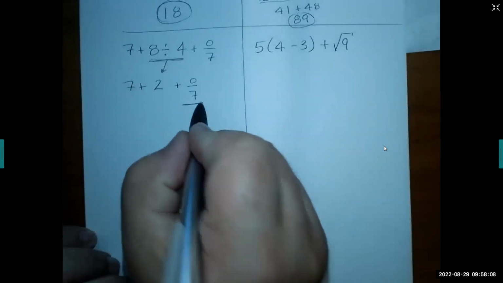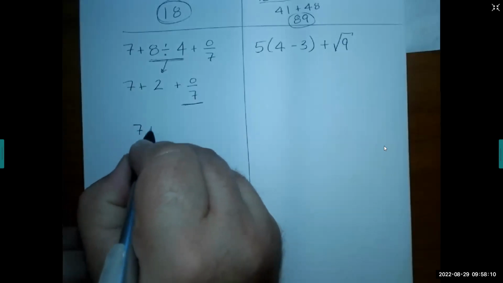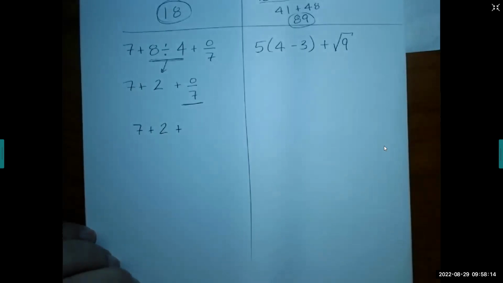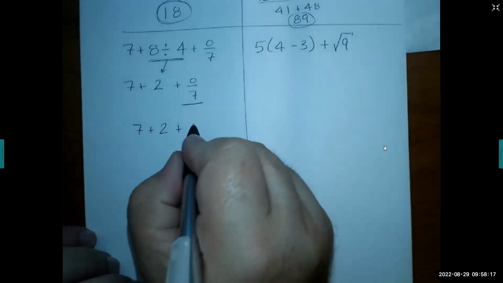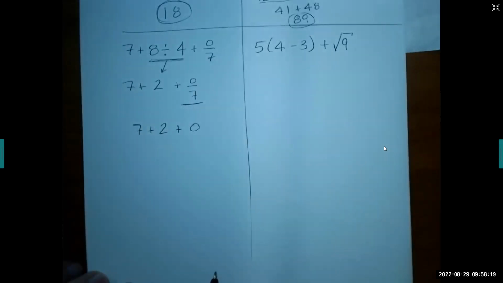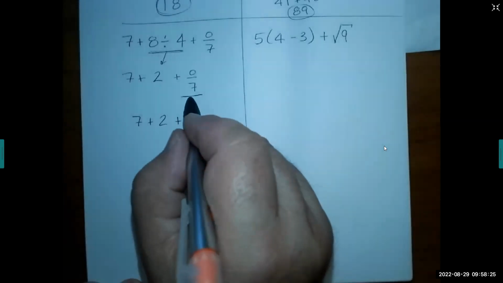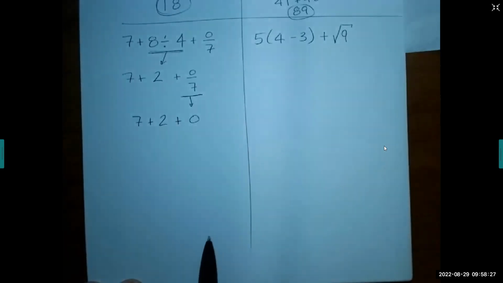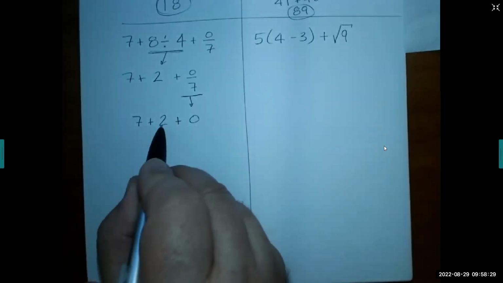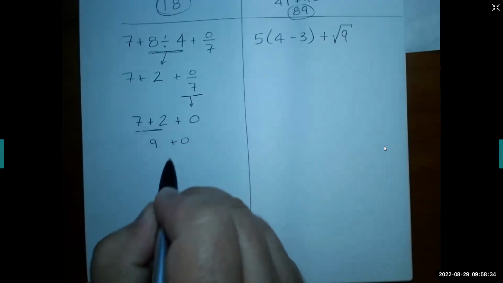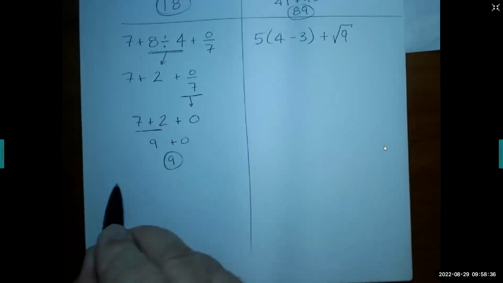We gotta do that next. 0 divided by 7 is 0. And we'll talk about that a little later. Then 7 plus 2 is 9. 9 plus 0 is 9.